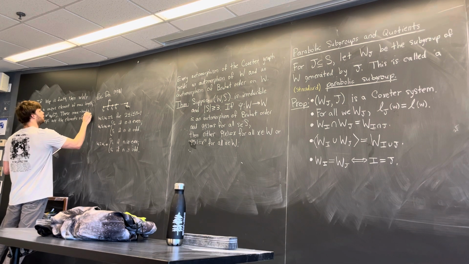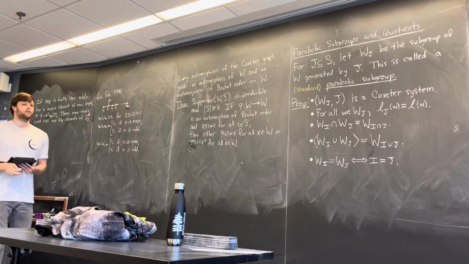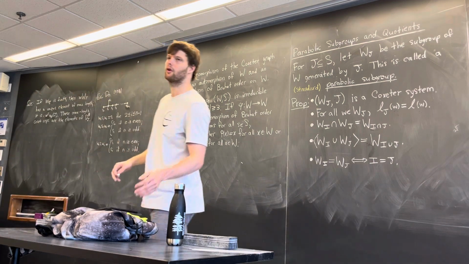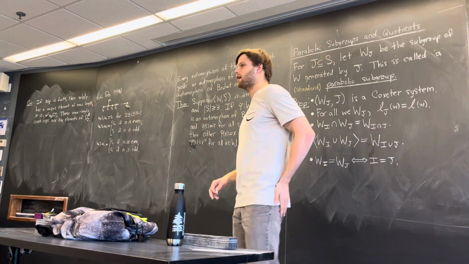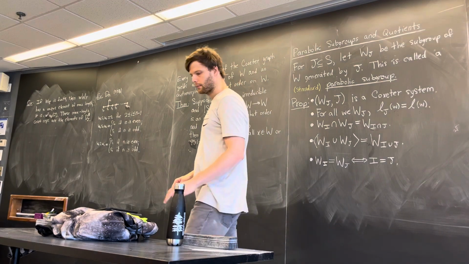In other words, the elements of the group whose right descent sets contain J. Okay.